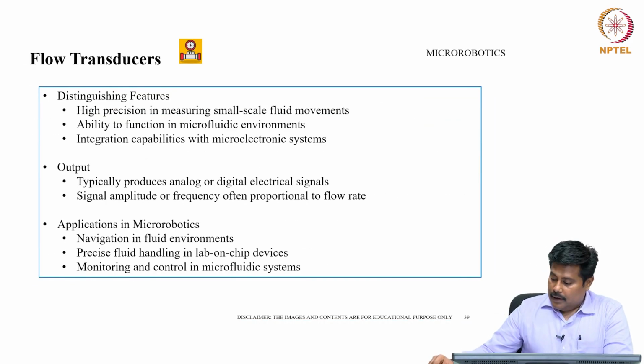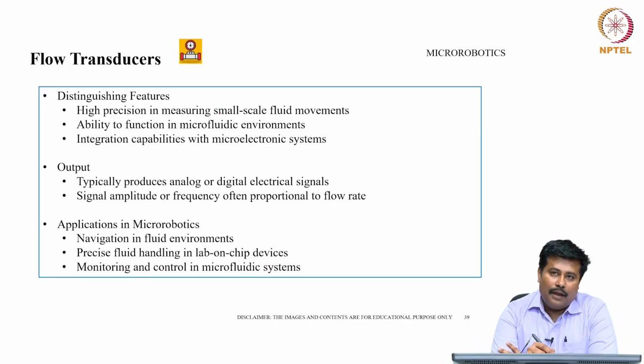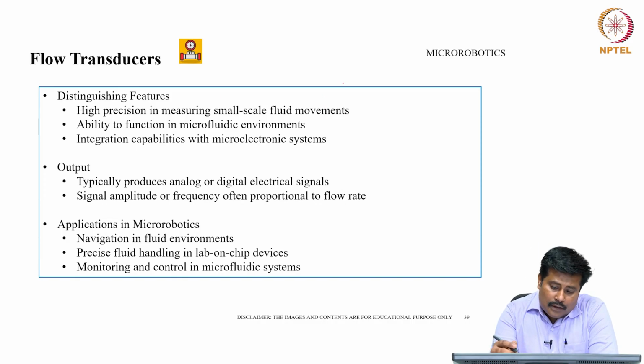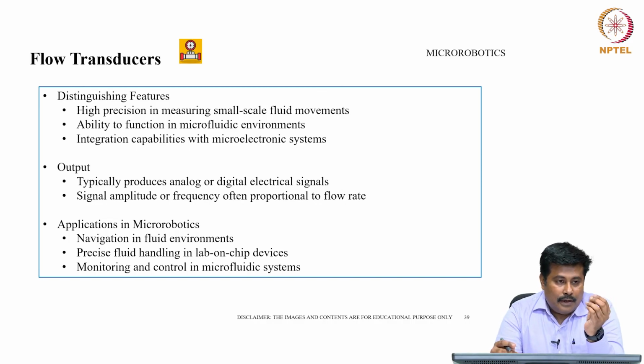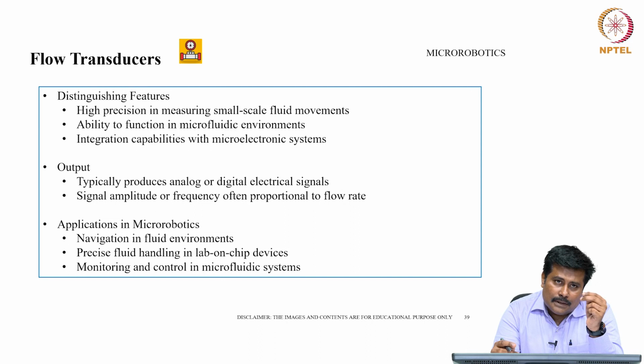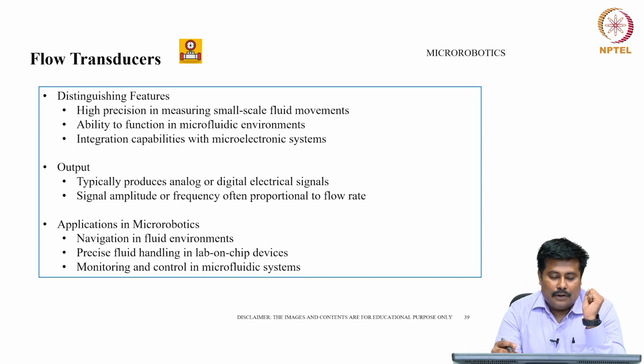Now, with reference to features, it has very distinguishing features. One is high precision in measuring small-scale fluid movements. Even when we have been discussing magnetic based micro robots or electrostatic based micro robots, in all these cases there is a need to measure a kind of micro displacement in these systems.